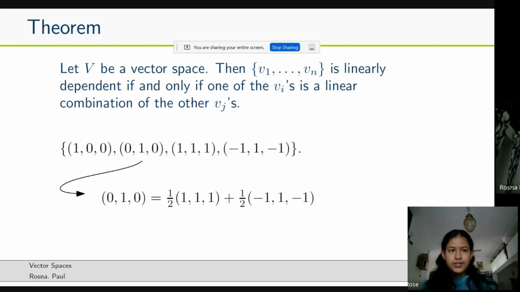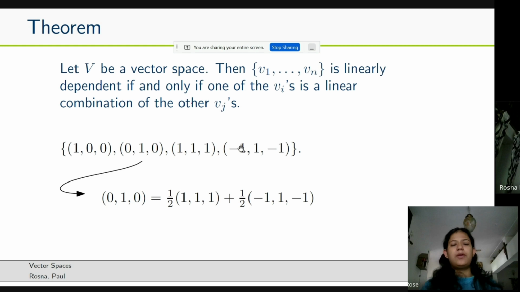That is, if you have a collection of linearly dependent vectors, you know that this collection is linearly dependent. Then from this theorem, there exists at least one element which is a linear combination of the others. So here I picked 0, 1, 0, and I say this can be written as a linear combination of the others. So can I pick something else?